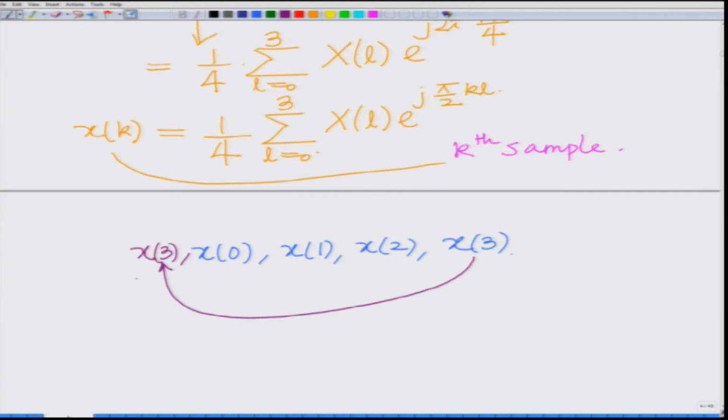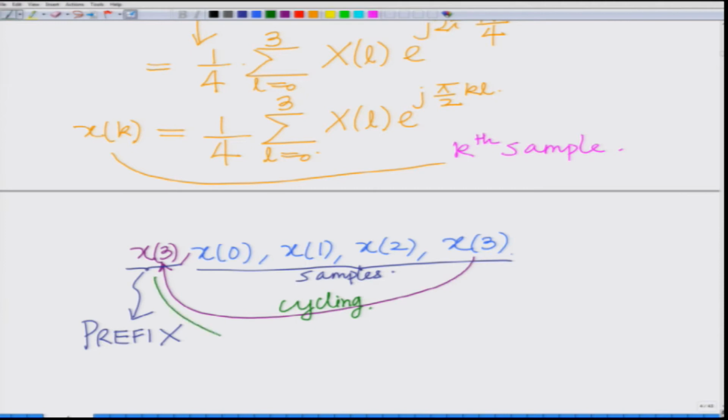So, we are doing a prefix, prefixing the samples. This is a very important thing. We are cycling the samples from the end towards the beginning.